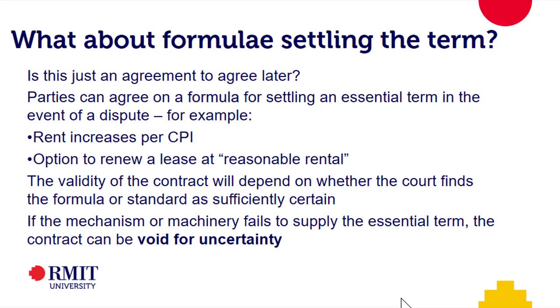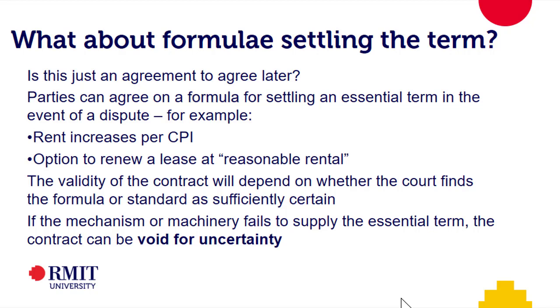We've spoken already about formulas for settling the term. Rent increases as per CPI is a good example. If the mechanism or the machinery itself fails to supply the essential term, then a contract can still be void for uncertainty. But as a junior lawyer in particular, you'll get asked to check over and over again when there are formulas in contracts.